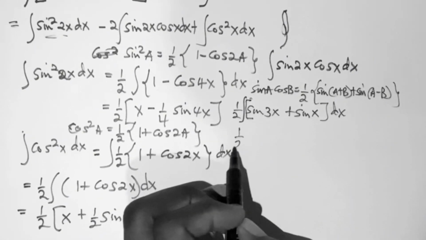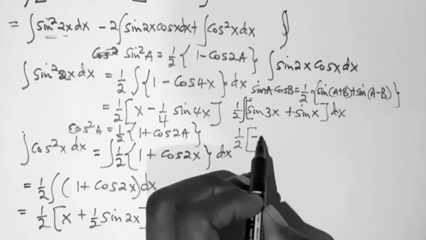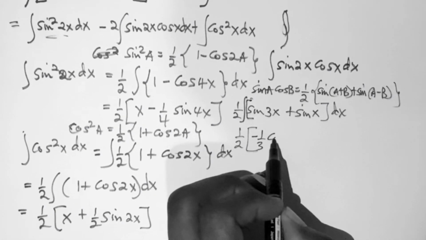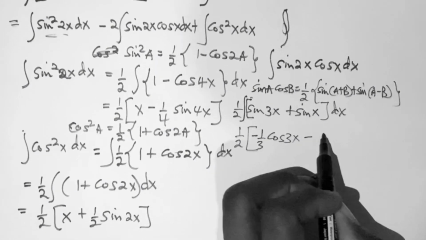So this becomes half, then if you integrate sine 3x, it is minus 1 over 3 cos 3x. If you integrate sine x, it is minus cos x.